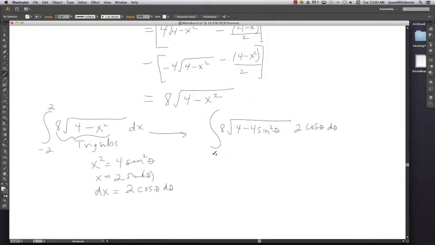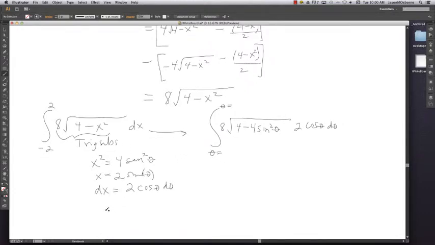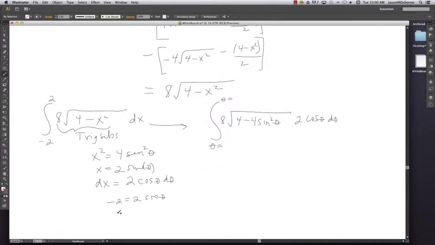So I see where this is going. We're going to have theta limits here. When x is equal to -2, we need to solve for theta. Okay, so that would be -1 is equal to sine of theta.